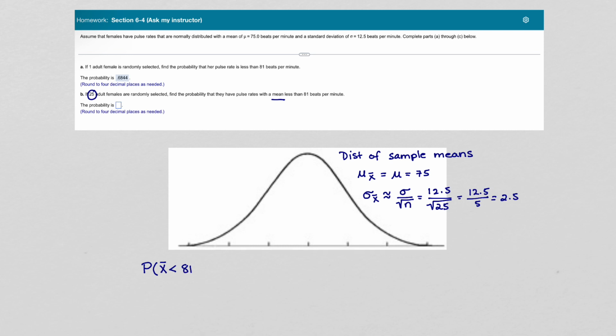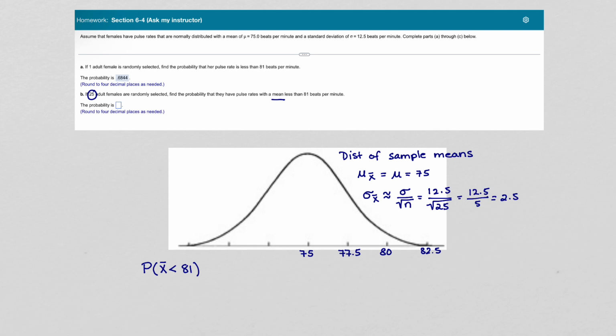All right, so now we are finding the probability that the mean of the pulse rates is less than 81. And let's go ahead and label our distribution here. So now we have 75 in the center for the mean, and our standard deviation is 2.5. So that's going to make this 77.5, and this would be 80, and this would be 82.5.